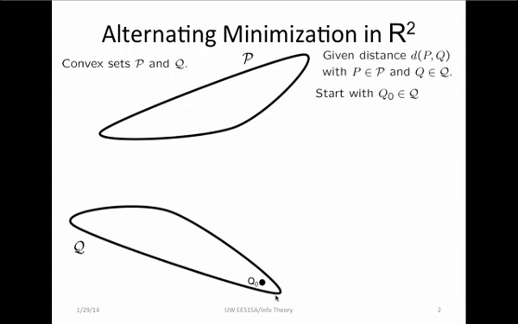Then we find P1 to be the point in P that's closest to Q. It makes sense that it's going to be on the boundary of this convex region, at a point where there's a tangent line. So this line is going to be orthogonal to this line. Okay, then we do the opposite. We next find the point inside of Q that's closest to this P1.